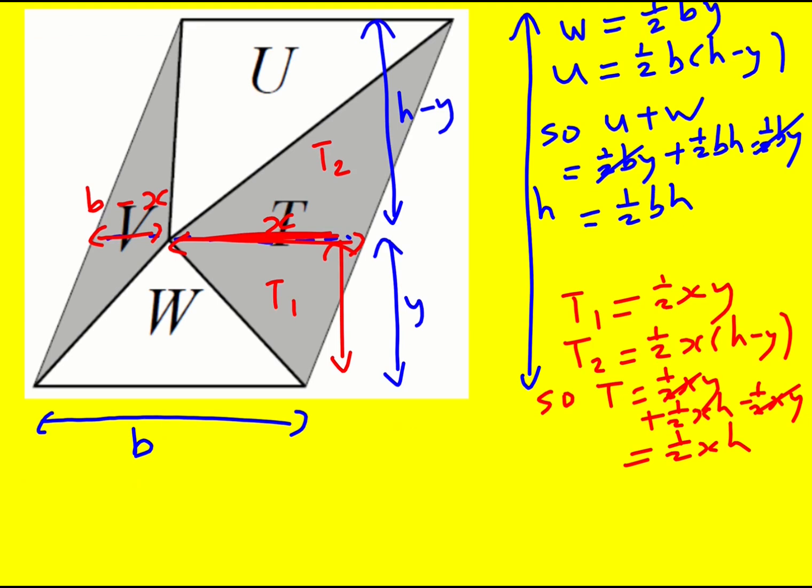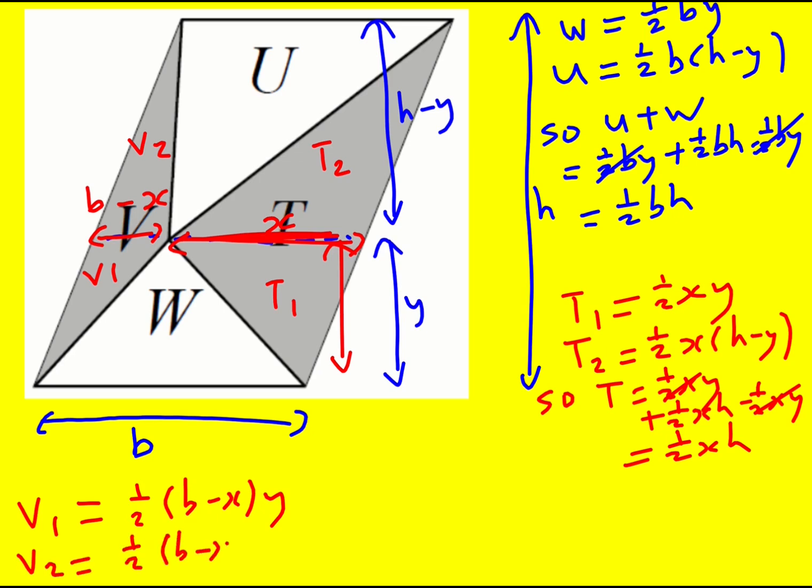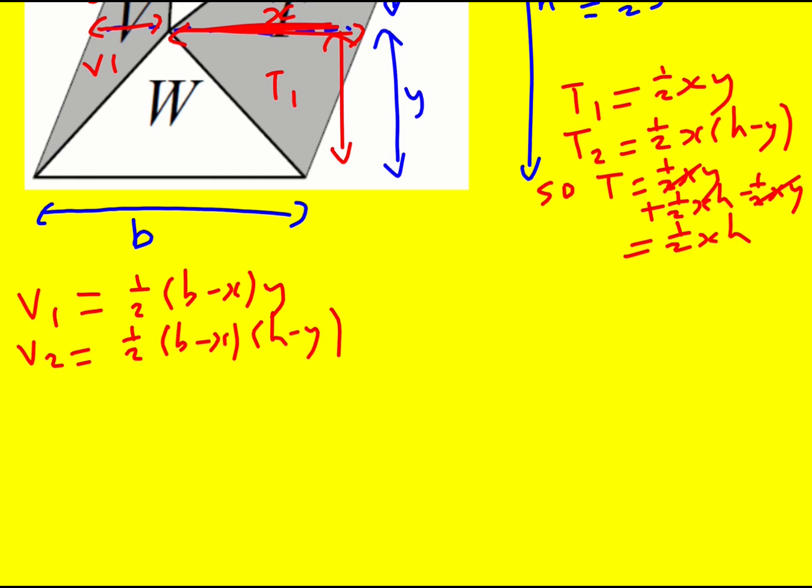And I can do exactly the same with V. So I'll call this one V1 and then V2. You can see this is more technical, but hey, I quite like it. V1 is going to be a half times B minus X, because that's now the base, times Y. And V2 is going to be a half times B minus X times H minus Y. So V is going to be a half B minus X times Y plus.